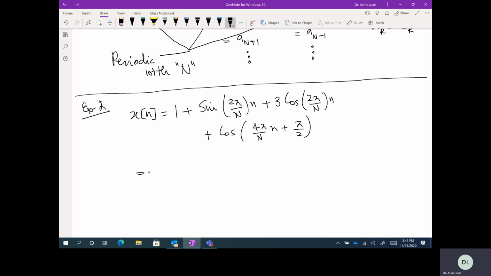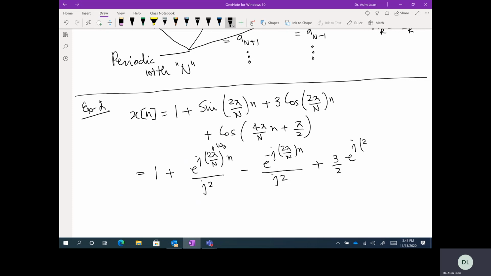So this I can write as, again using Euler's identity, 1 plus e^{j 2 pi by N n} over j2, this is omega naught, 2 pi by N, minus e^{-j 2 pi by N n} over j2, plus 3 by 2 e^{j 2 pi by N n} plus 3 by 2 e^{-j 2 pi by N n}.